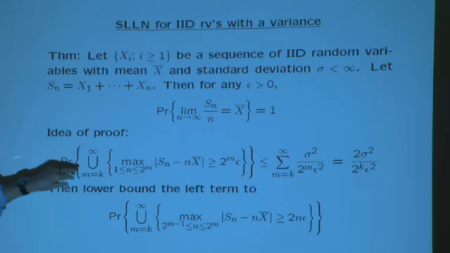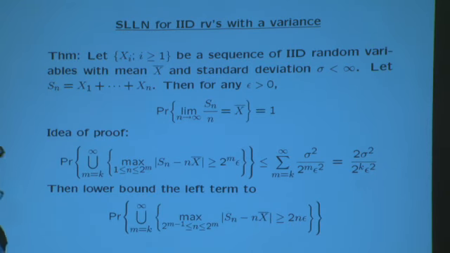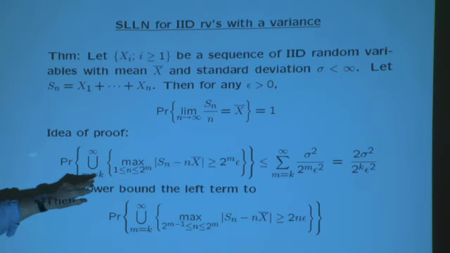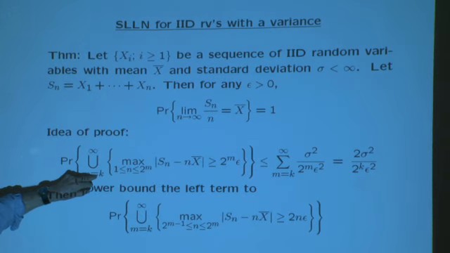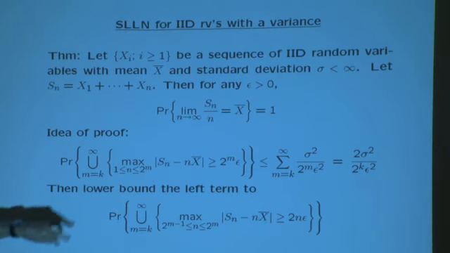So I'm going to take this quantity here, which was the quantity in the Kolmogorov submartingale inequality. I'm going to ask, what's the probability that the union of all of these things from m equals some k, which I'm going to let go to infinity later, what's the probability of this union?